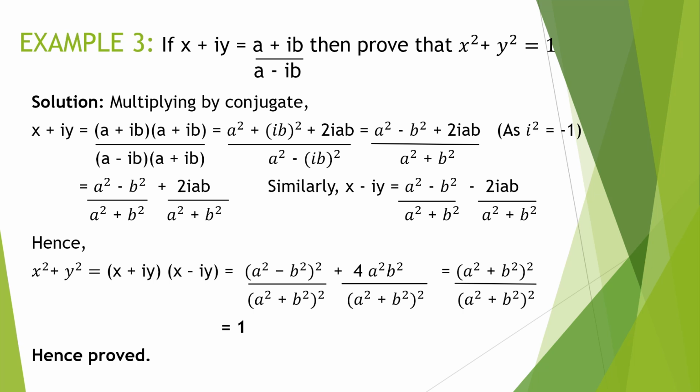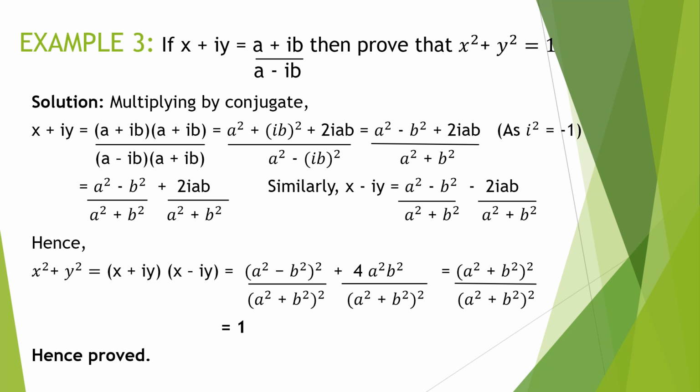This is very similar to how we had the denominator for the x plus iy which is given. Same way we have over here, x square plus y square can be written as x plus iy into x minus iy. Now what you do is you just put the values of x plus iy and x minus iy which we have obtained.